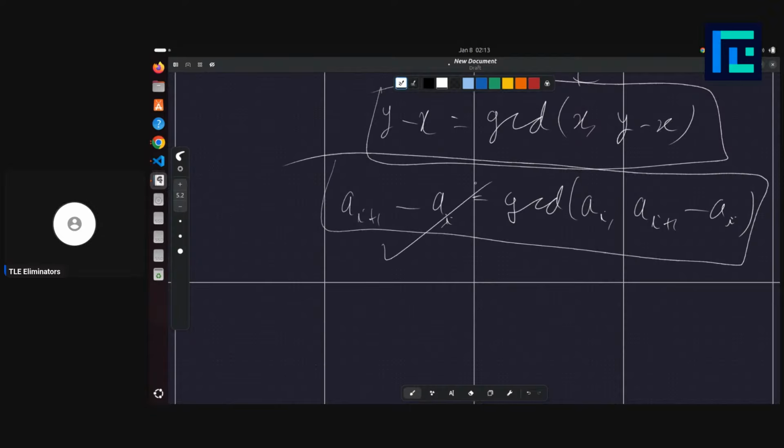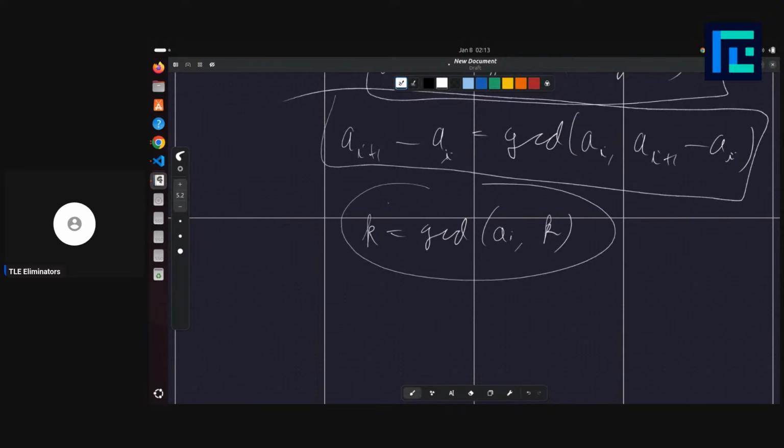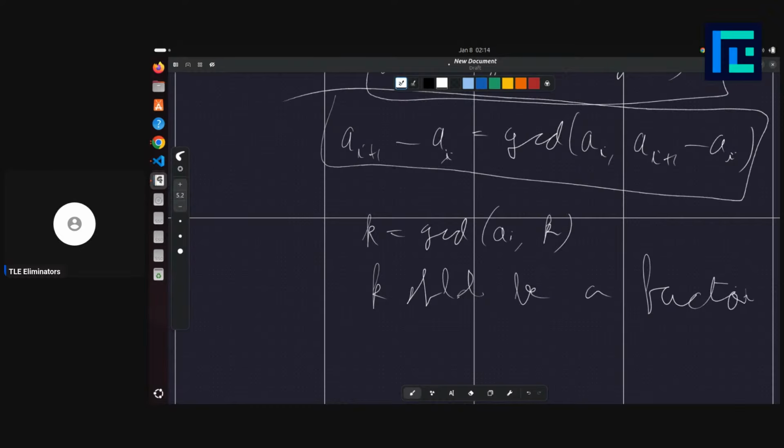Let's say this difference is k. So k is equal to GCD of ai comma k, right? If I want this to be satisfied, then k should be a factor of ai.